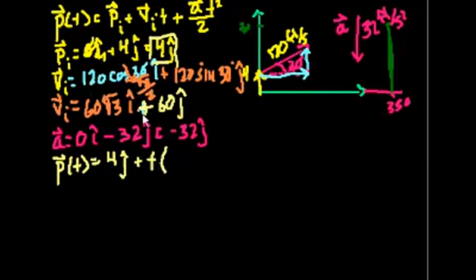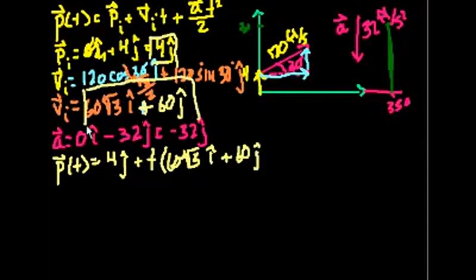What's the initial velocity? 60 square roots of 3 i. This is t right here. 60 square roots of 3 i, and then plus 60j. Right? That's what I just filled in, times time, because it's initial velocity times time.